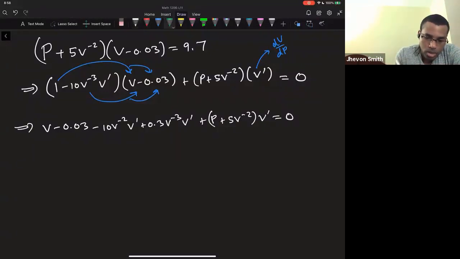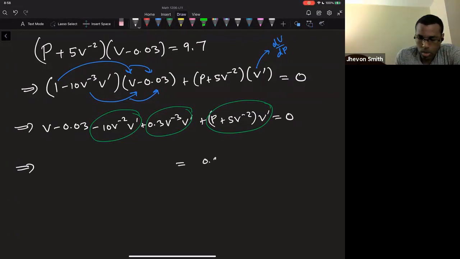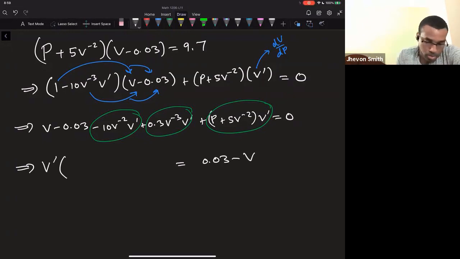Now this guy has a V prime, that guy has a V prime, this guy has a V prime. I'm going to move the other guys to the other side. So it's 0.03 minus V. And over here, I'm going to have V prime times minus 10V to the minus 2 plus 0.3V to the minus 3 plus P plus 5V to the minus 2.